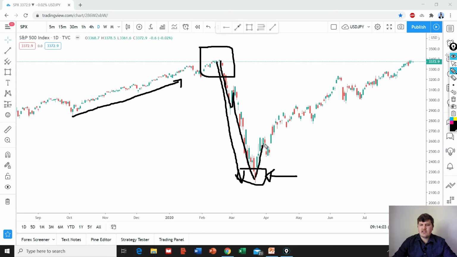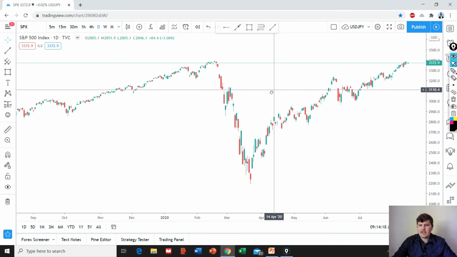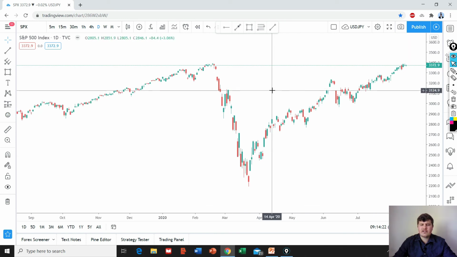And as you can see, just how steadily the market recovered over this time period, and we are now at the fundamental announcement levels of the US stock market. So that is where the Federal Reserve stepped in and basically saved the entire US stock market.